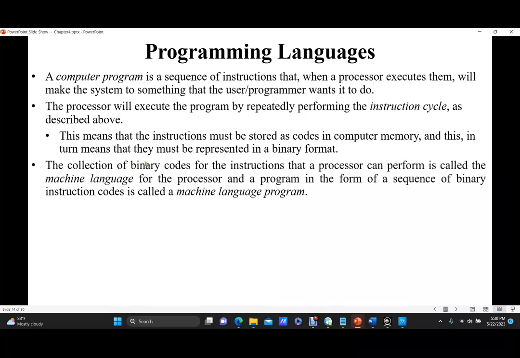The collection of all the binary codes for all of the instructions that a processor can perform is called the machine language for that processor. A program in the form of binary instruction codes is called a machine language program.